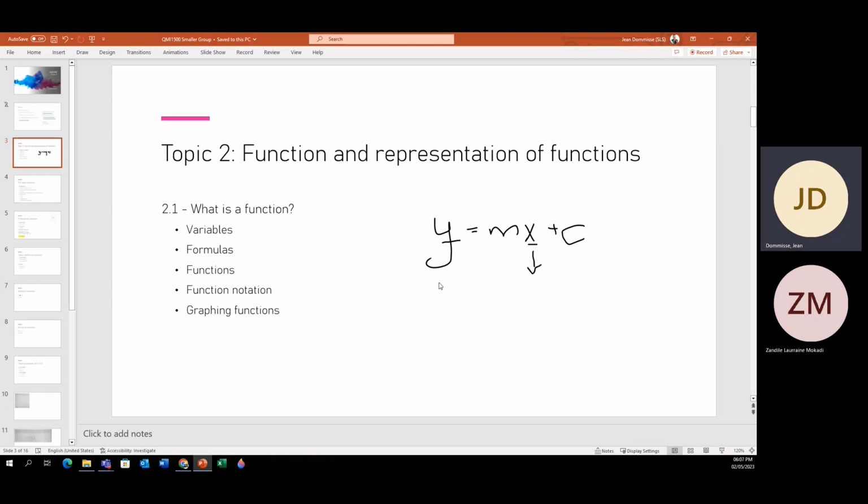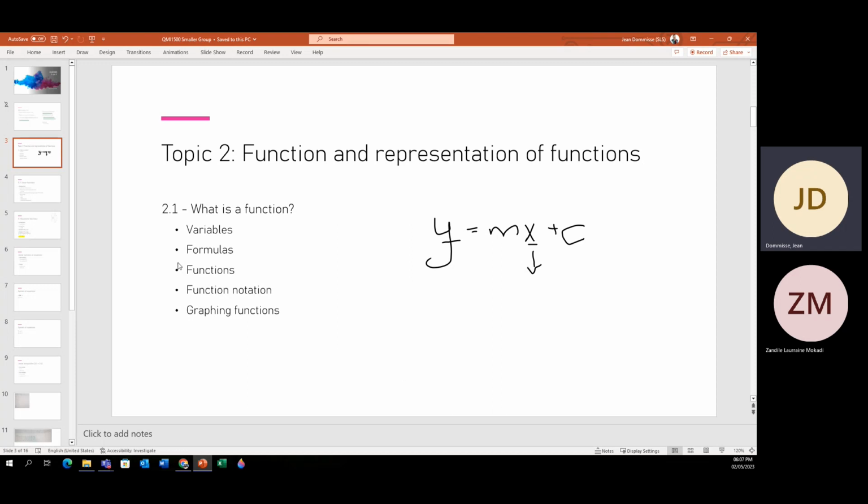There's a lot of things they can ask us about a function, but I think what's more important is the next step. They would rather give you a function and tell you to calculate what the y is, or what the x is, or what the answer is. And I think that is very important.